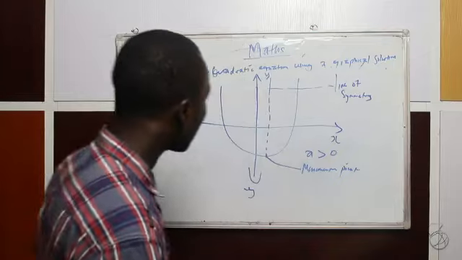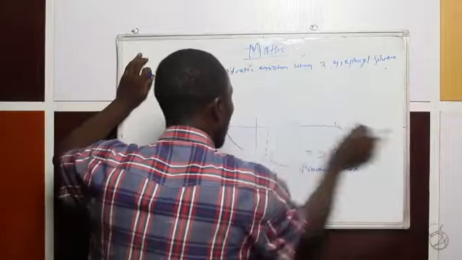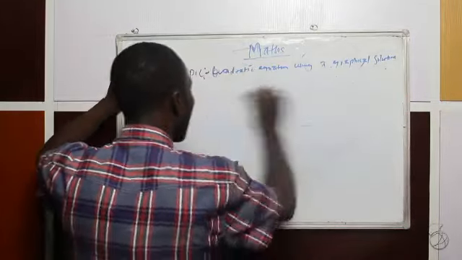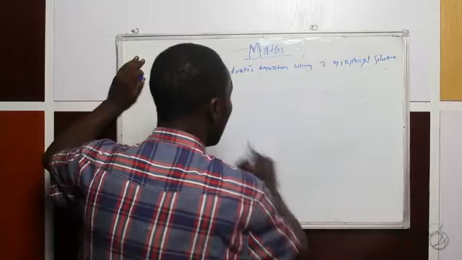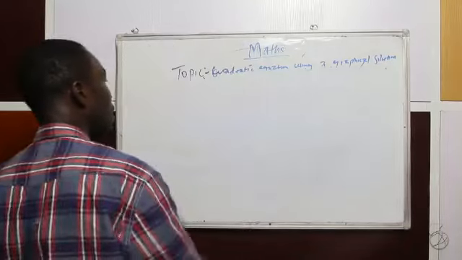I'd like you to see that we can still have another line of symmetry where we have a maximum point of y. The minimum point of y has been shown, while the maximum point of y is what we want to see.